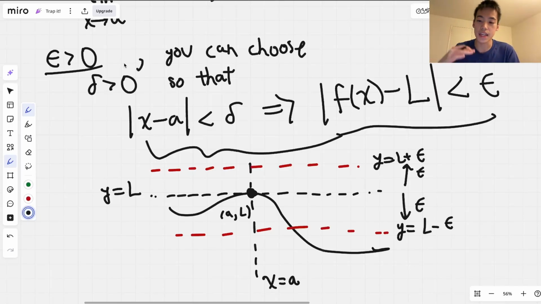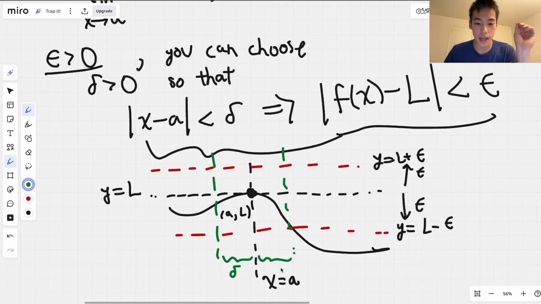So if I give you any positive constant epsilon, and I give you a pair of horizontal lines, epsilon above and epsilon below, then the limit exists if you can give me a pair of vertical lines delta from a. So delta to the left, which will yield x equals a minus delta for the left vertical line, and x equals a plus delta for the right vertical line.